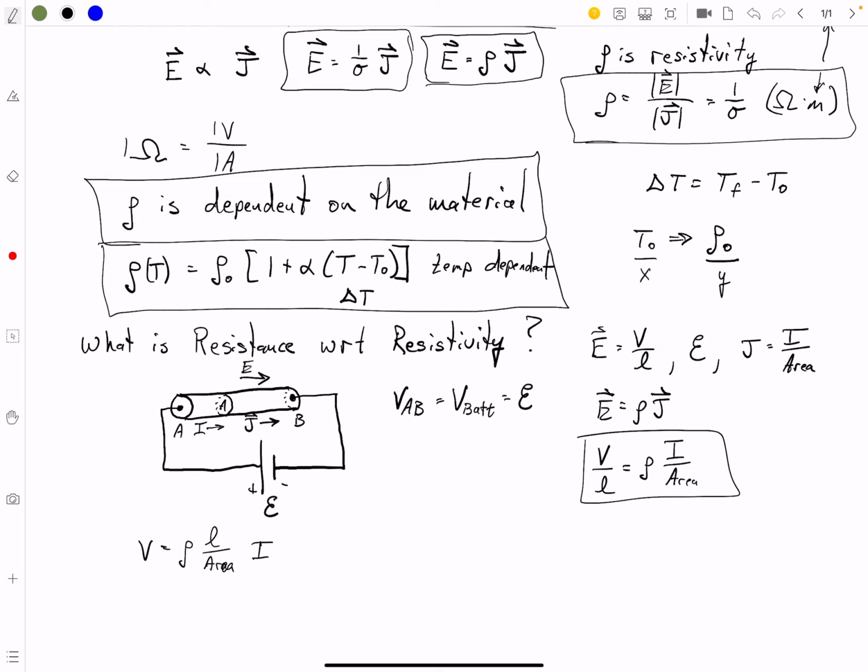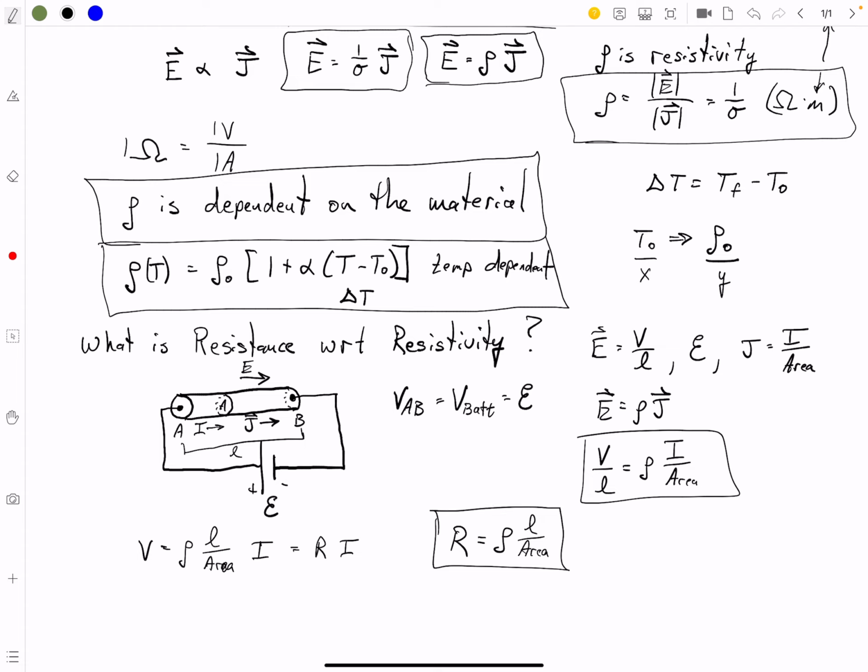And if we say that that really equals R times I, which is Ohm's law, then we know our resistance is the resistivity times the length of the object. Here's the length, L. Didn't put that on there, but I am now. So we've got our length L, we've got our area, the cross-section area of the material, and that is our resistance.